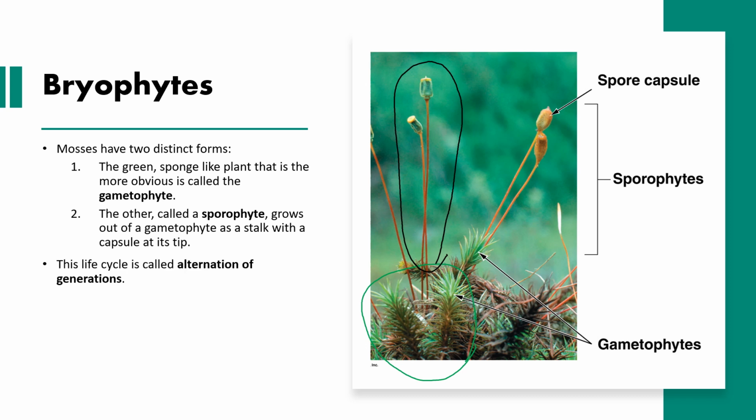Now, this is kind of confusing about plants, but they have something called alternation of generations. And what this has to do with is the number of copies of chromosomes for the different parts of the plant. Okay, and so we're going to talk about the gametophytes. The gametophytes are going to be haploid, so they're going to have 1N, so that's the number of chromosomes in that part of the plant.